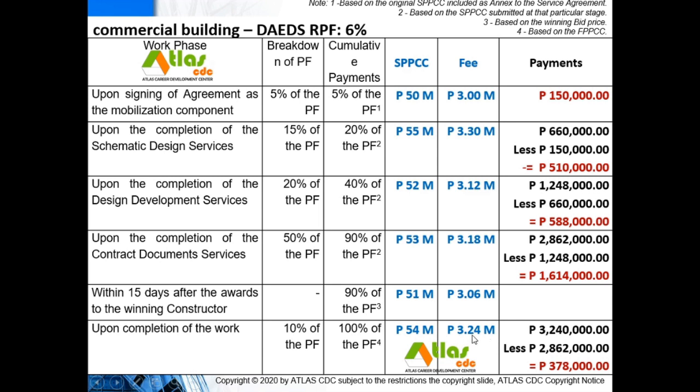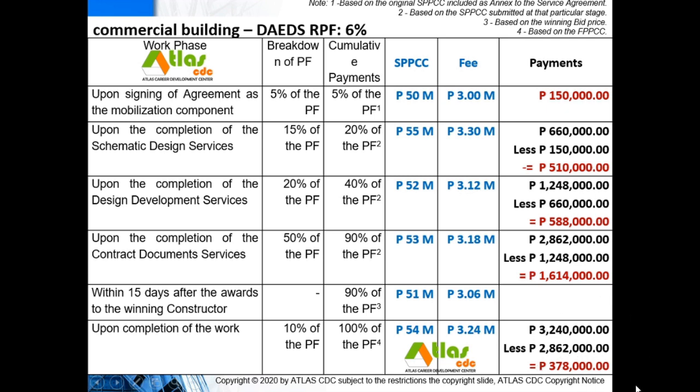So this is your total fee. It increased to 54 million because of some additions probably. So the total fee became 3.24 million. And you just have to deduct whatever previous payments were made to you. And so your remaining receivable is 378,000 pesos. So your receivables adjust based on previous payments.